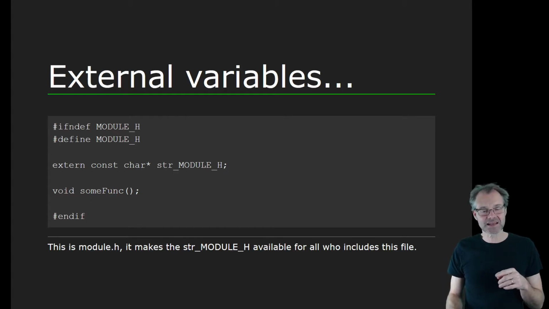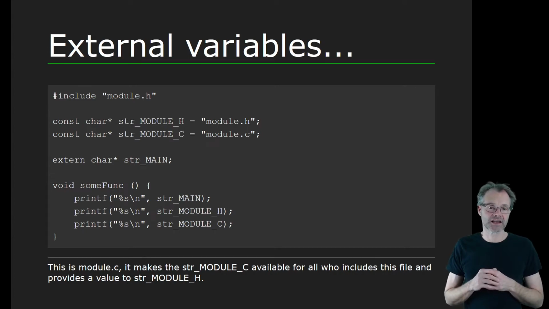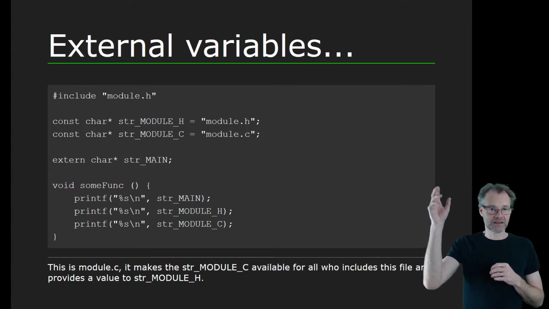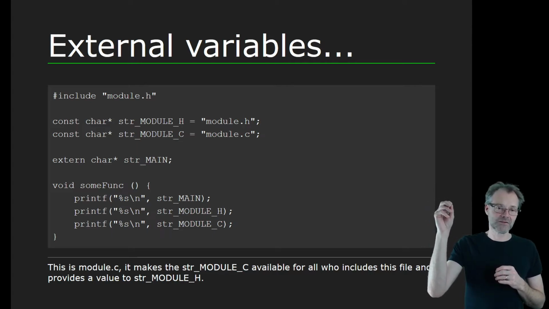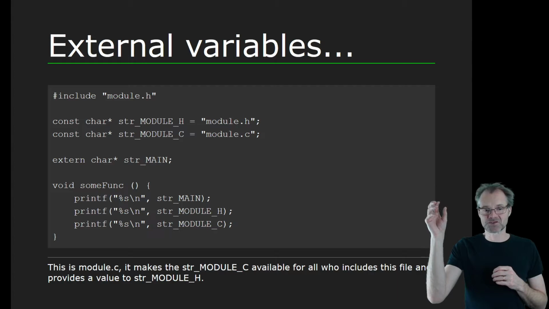So it's basically declared in the module.c file. Here we have the value for the module.h. We also have the value for the module.c. And we are even trying to use the value declared in the string main here, in the main.c file, the variable called string main.